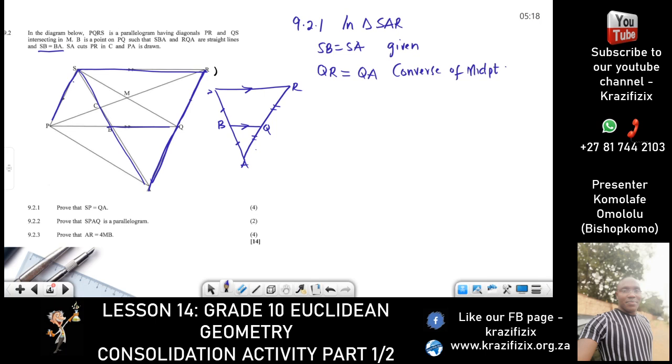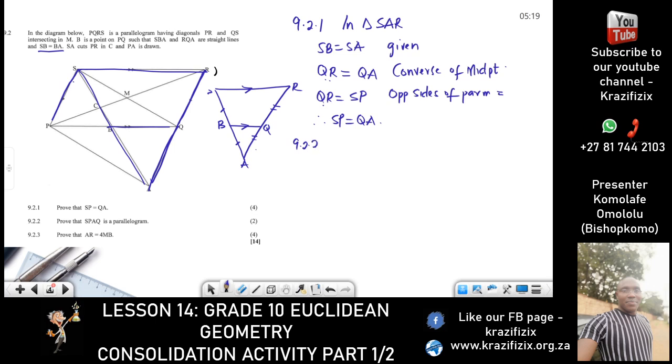Then we went back to our parallelogram, and we said QR is equal to SP. Those are opposite sides of the parallelogram, so they are equal. Therefore, do you see that both of them are equal to QR? Therefore, we can say SP is equal to QA.